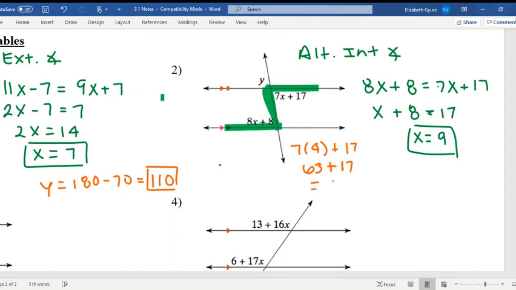Plus 17 is 90. I know it doesn't look like a 90-degree angle, but that's okay. You just go with what the numbers tell you. So if that angle is 90, what's y going to have to be if they're vertical angles? Also 90. Good.